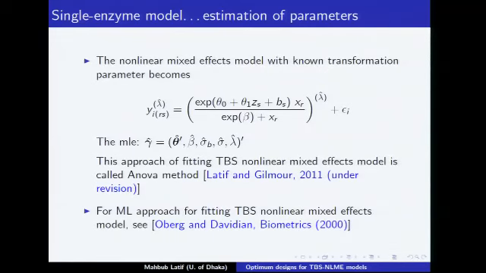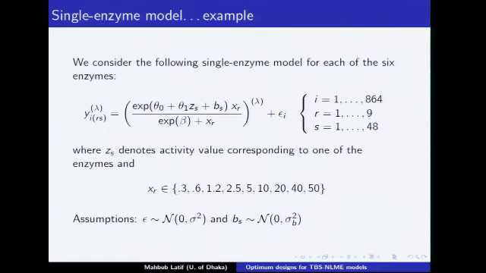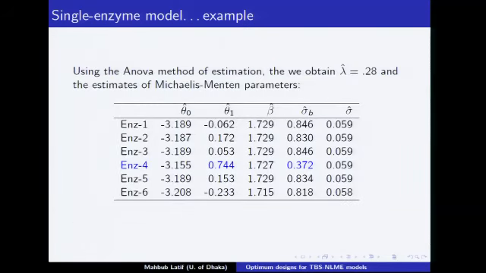So from this estimation procedure, we get all the parameter estimates, and now we just apply this approach to the data we have. So these are the estimates of the parameters.